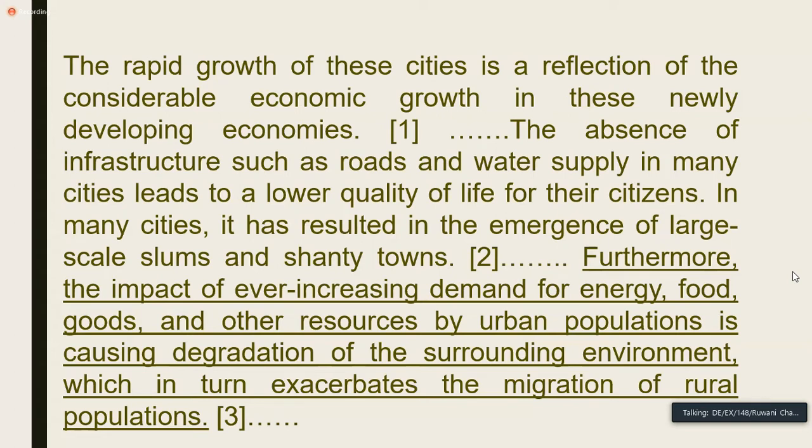The rapid growth of these cities is a reflection of the considerable economic growth in these newly developing economies. The absence of infrastructure such as roads and water supply in many cities leads to a lower quality of life for their citizens.